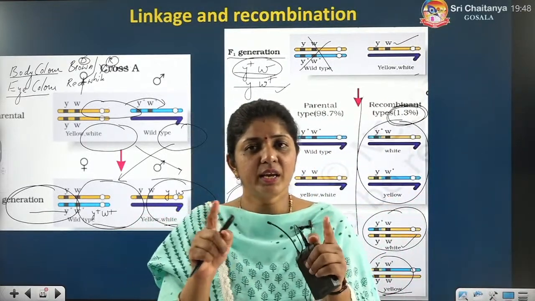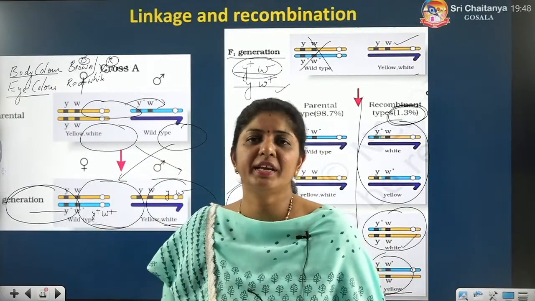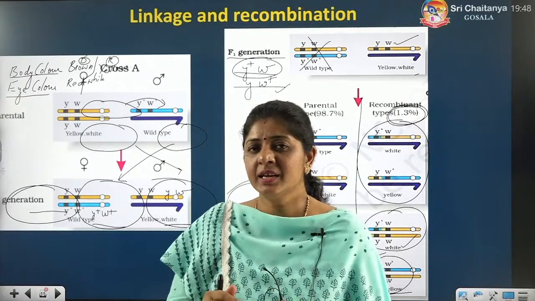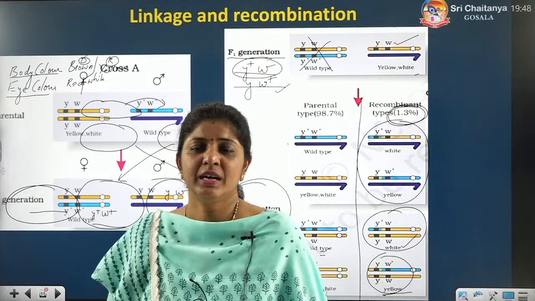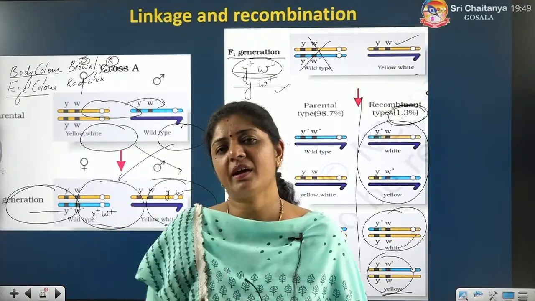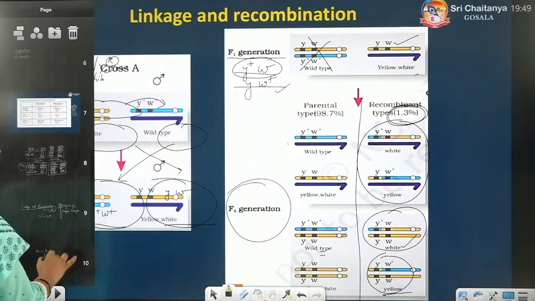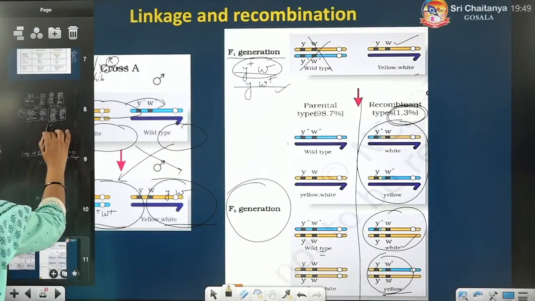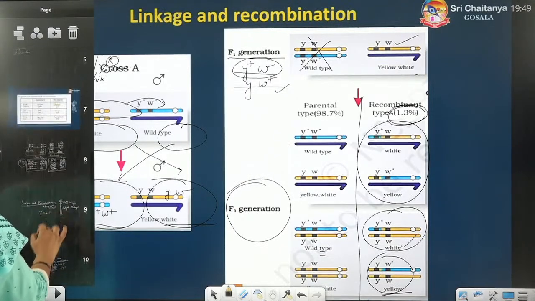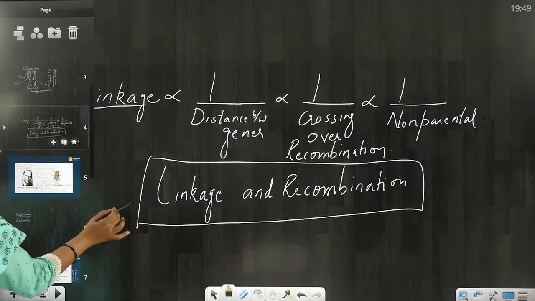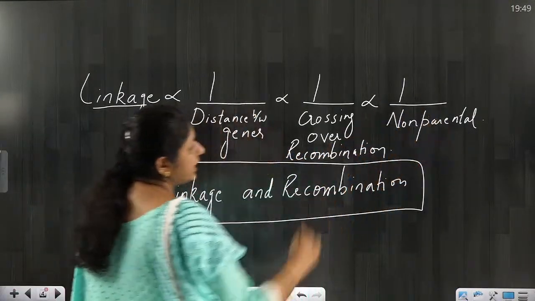If you see, parental type is much more as compared to recombinant. That means if parental type is more, we are not getting non-parental more. Linkage is more between them. As per the formula I spoke to you in the beginning, linkage is inversely proportional to the non-parental type.